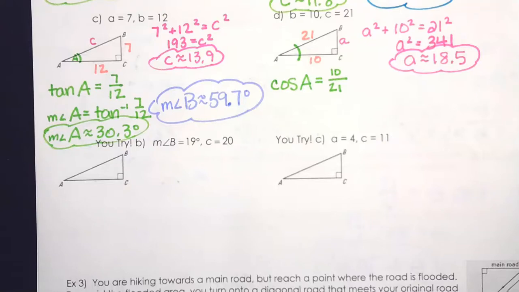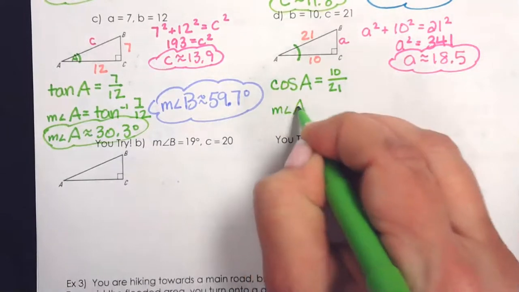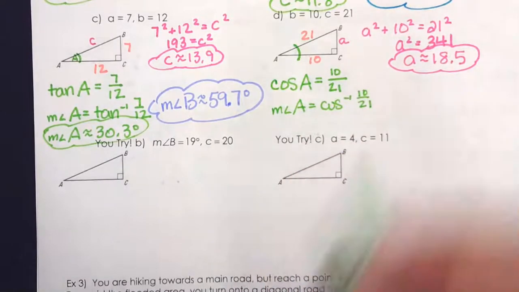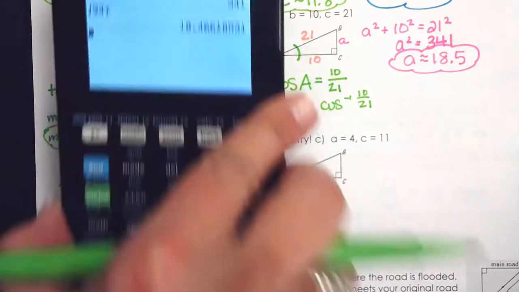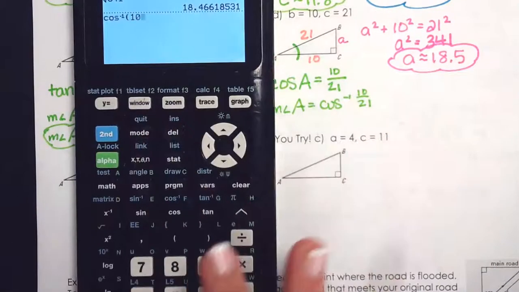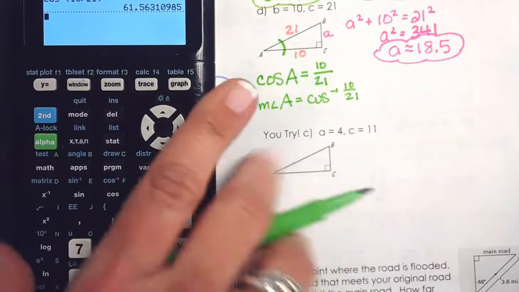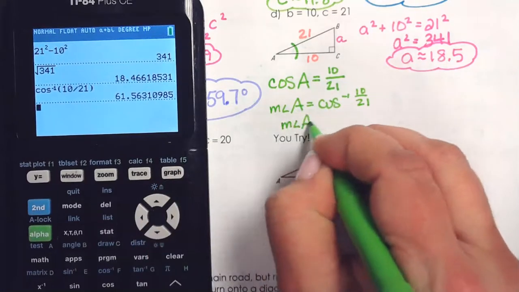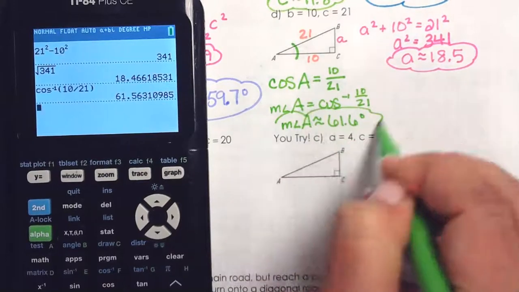Now, what do we need to do to find angle A? Use the inverse. Very nice. So let's take the inverse cosine of 10/21. That gives me that the measure of angle A is about 61.6 degrees.